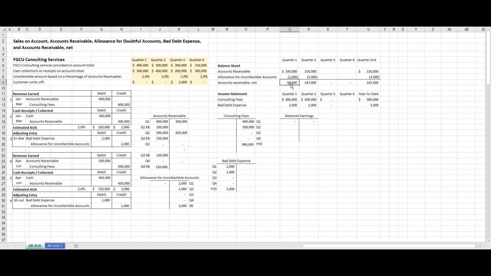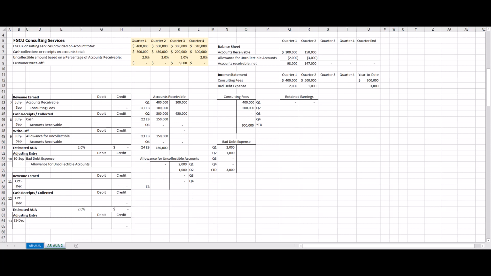For the quarter ended June 30th, our accounts receivable net will be $147,000. The balance sheet is a picture of balances at a point in time, and that's exactly what we're doing here.